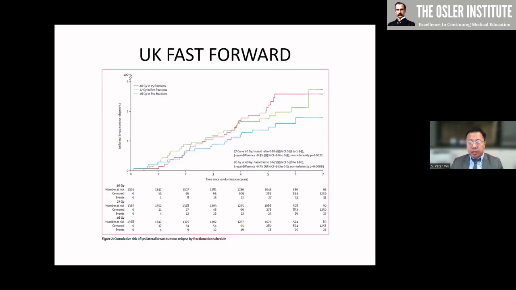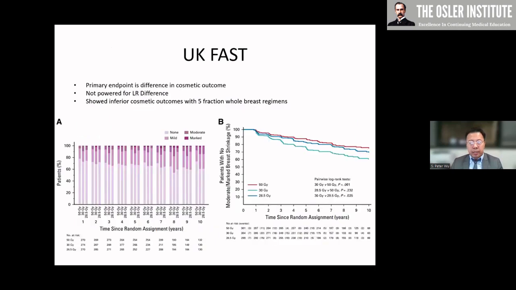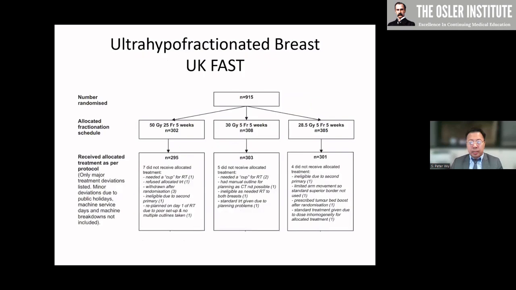So there seems to be equivalency when it comes to effectiveness. However, when we look closely at this, I apologize, this is a different study. There is a difference in cosmesis. It's not listed here, but there was poorer cosmesis with the ultra hypofractionated regimens.